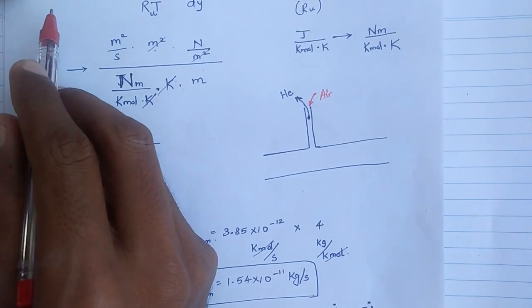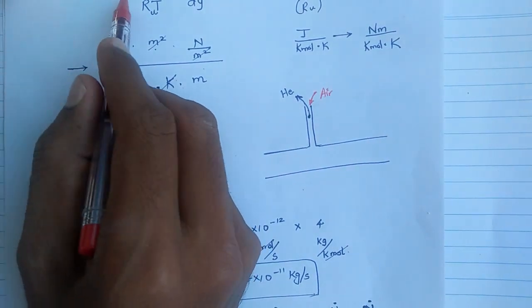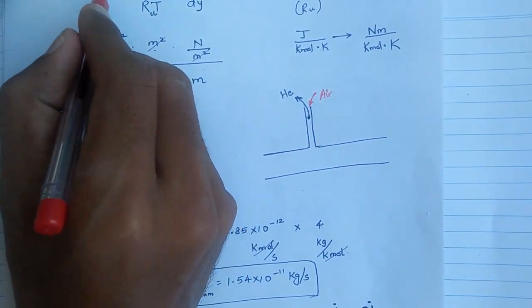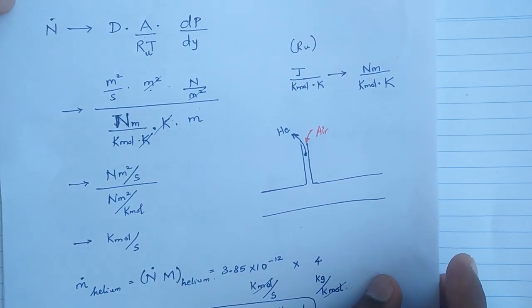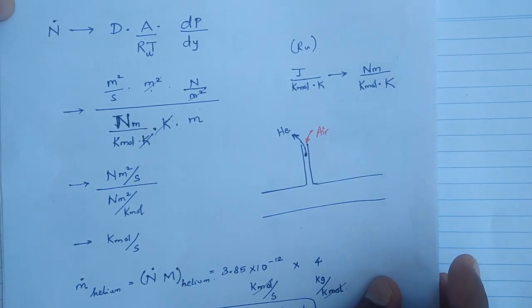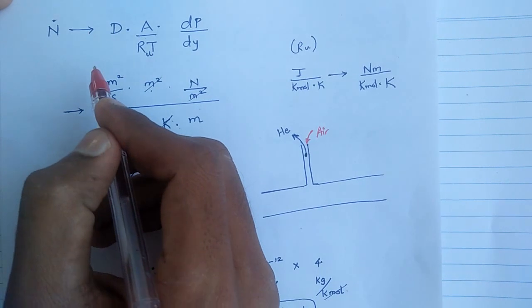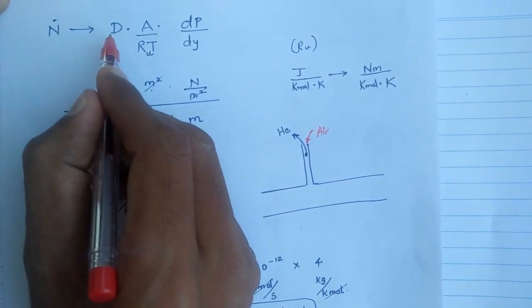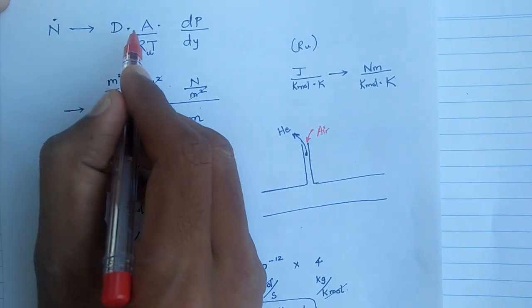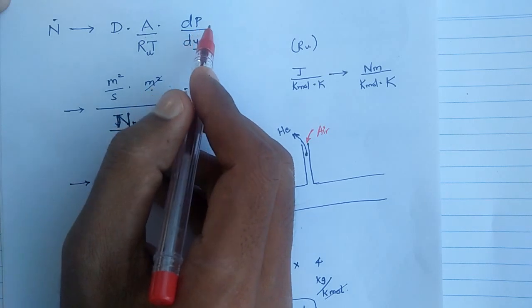So the molar flow rate formula is, I am just taking the values and not taking the plus or minus symbol. If you want to take the plus or minus, that is not going to change the units. So molar flow rate is a function of diffusion coefficient, area, universal gas constant, temperature, and pressure gradient.